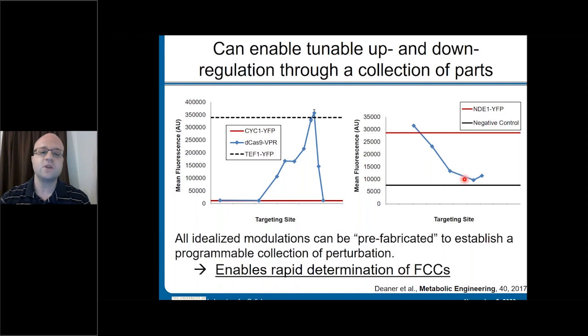So this realization that we can create these broad spanning modulations from very strong overexpression to very strong underexpression is promising in that we get the full dynamic range, and we can create these in a prefabricated manner, which allows us to really query pathways.